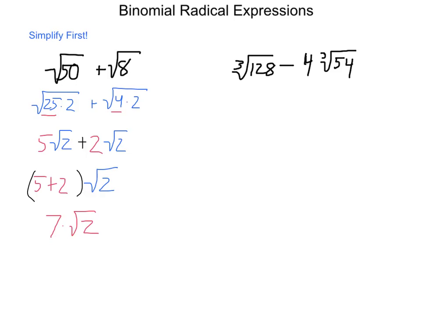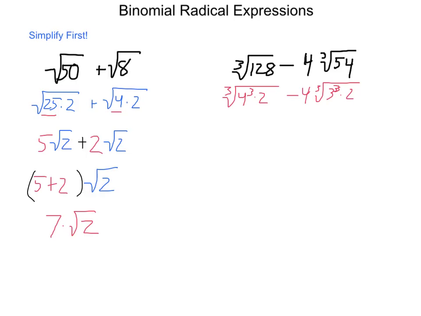So we have the cube root of 128 minus 4 times the cube root of 54. Well, the cube root of 128 is the cube root of 4 cubed times 2. That's 64 times 2. Minus 4 times the cube root of 3 cubed times 2. 3 cubed is 27. 27 times 2 is 54.